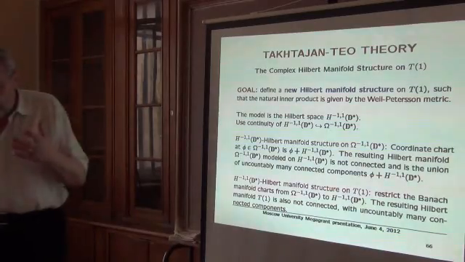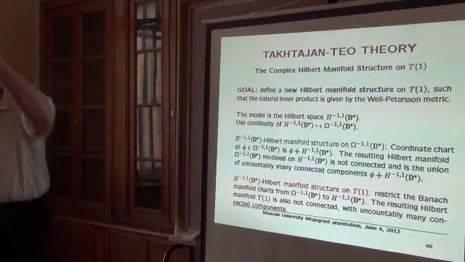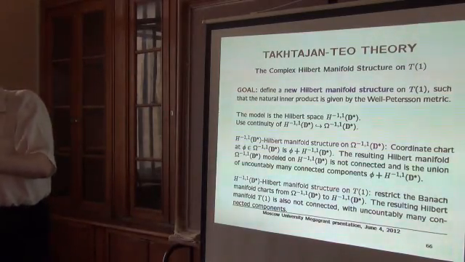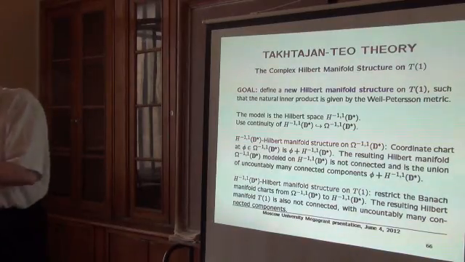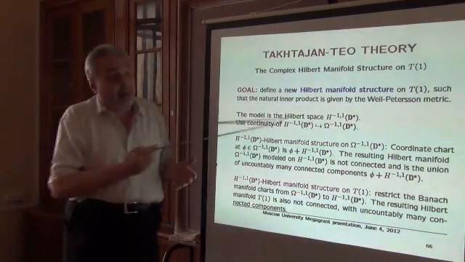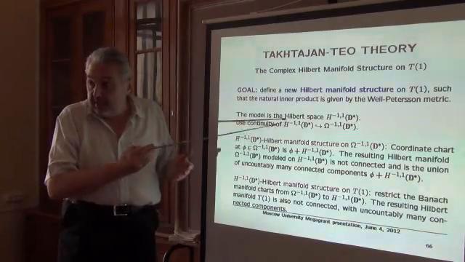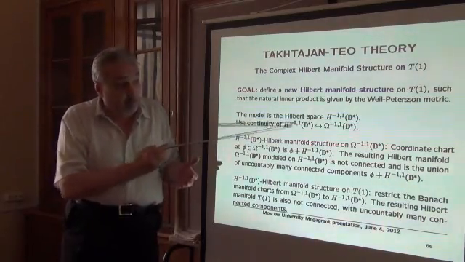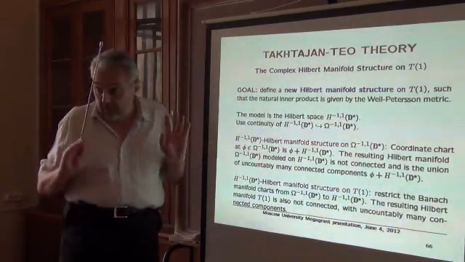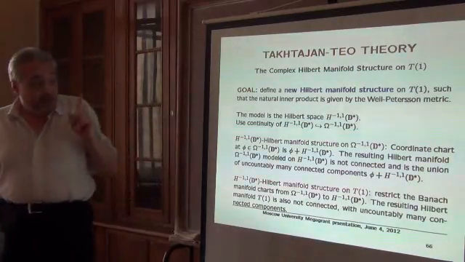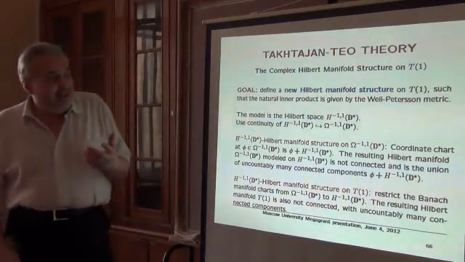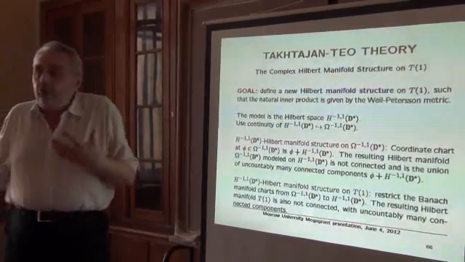So, look, I have a Banach space and I have a subspace. That subspace is not a Banach subspace, because it has its own topology. But the inclusion is continuous. Okay? Now, what do I need to do?